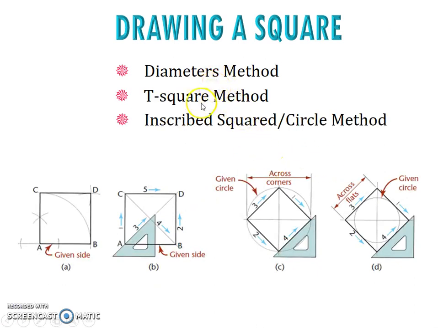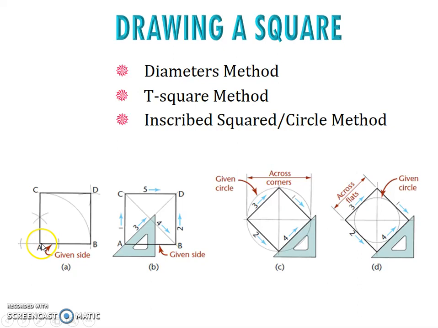There are three methods that you can use to draw the square. The first is the diameter method, the T-square method, and the inscribed square circle method. So we go for the diameter method. At first, you will be given the A and B distance. So you just draw the line AB.